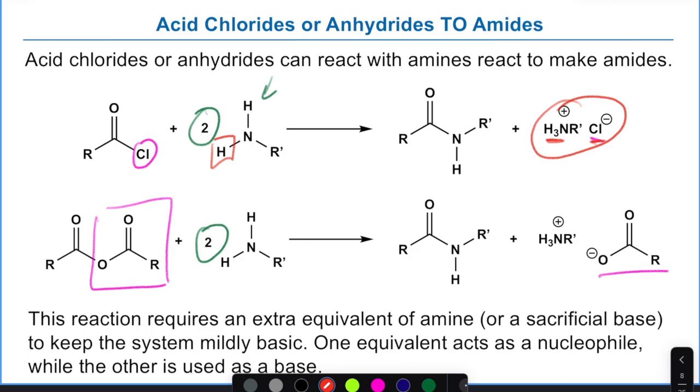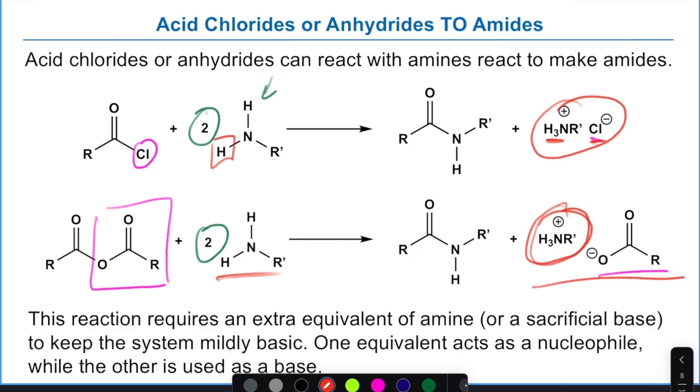If I cannot add, let's say, triethylamine or another sacrificial base, this is the consequence you're going to be dealing with. Both the anhydrides and the acid chlorides produce this one excess equivalent where your nucleophile is playing two roles. It's both adding to your system to make your amide, and it's also doing an acid-base reaction and getting tied up over here. So that's where this double nucleophile is necessary.